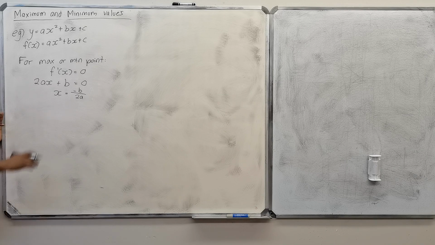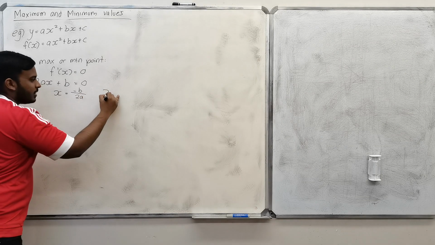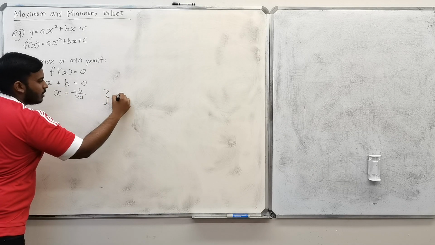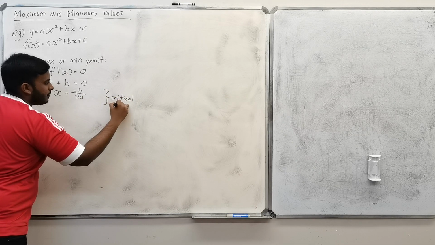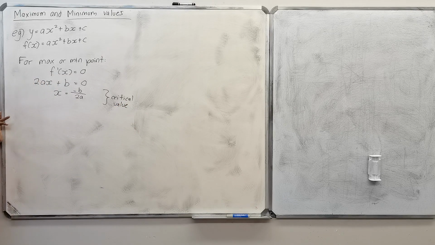So now we solved for the critical value. What do we do after that? This is your turning point. You substitute it back into your original equation to get the y value of your turning point.